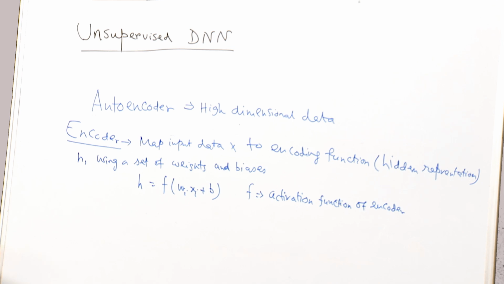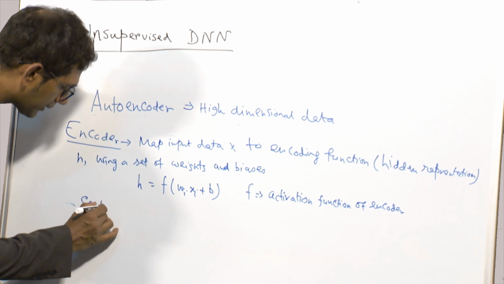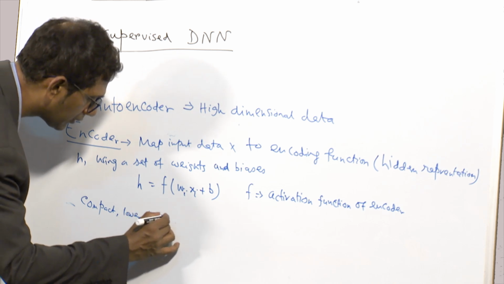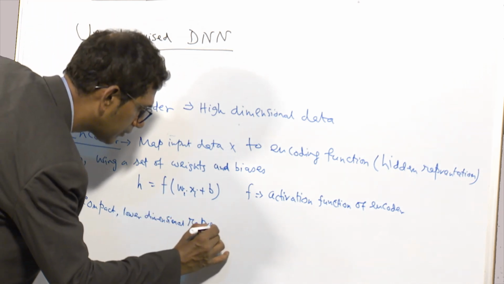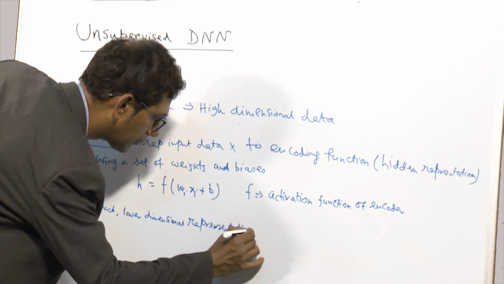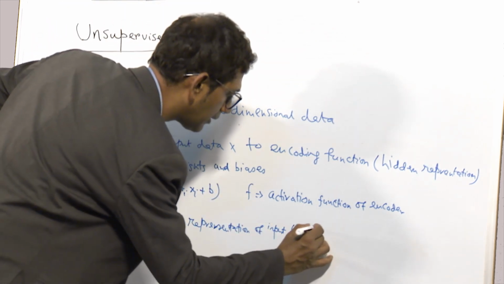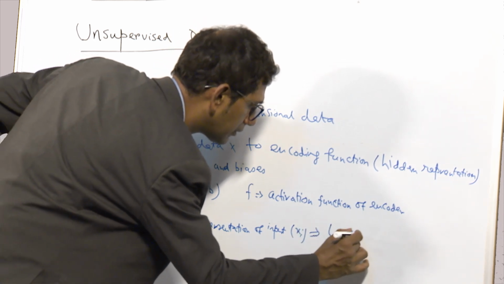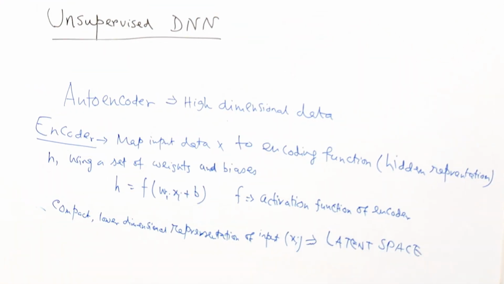So, the encoder's compact, lower dimensional representation of the input data, which is nothing but x, is kept at the latent space.